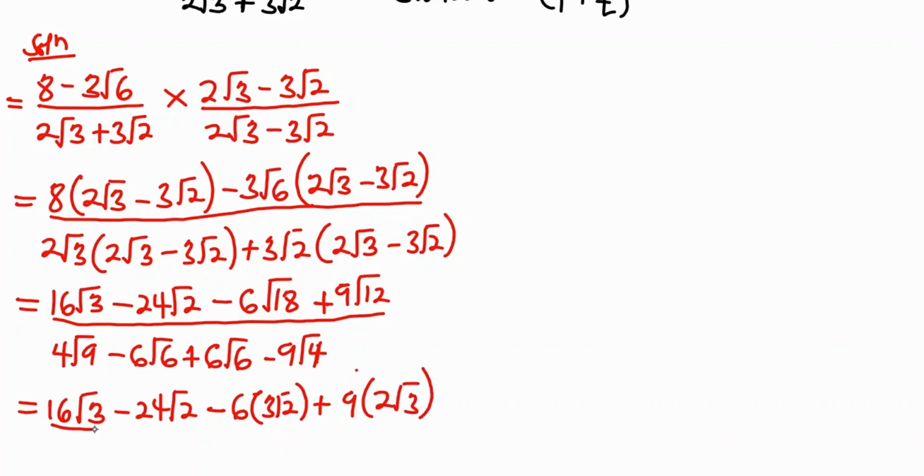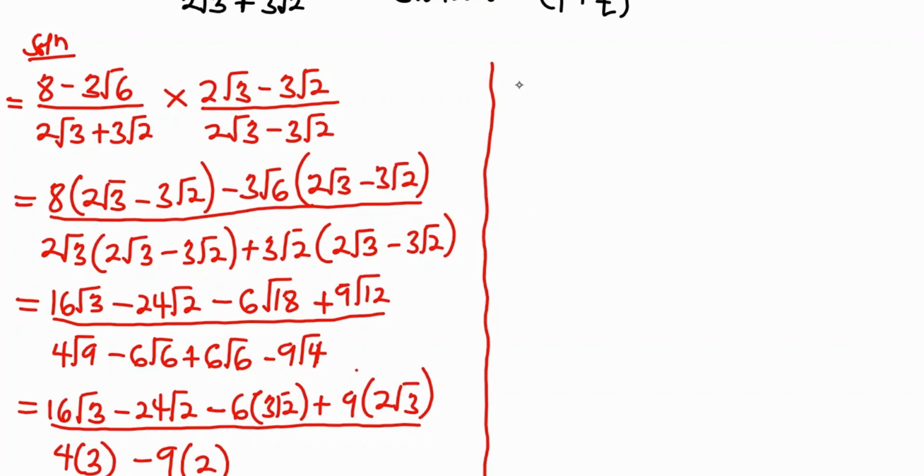Now we divide by, so we have 4. Now square root of 9 is the same thing as 3, and then here is going to cancel out, so we have 0. So minus 9, and we know square root of 4 to be 2, so we have it as such. Now the solution continues, and at this point we have 16 root 3 maintained, and then minus 24 root 2 maintained, and at this point 6 times 3 gives us 18.